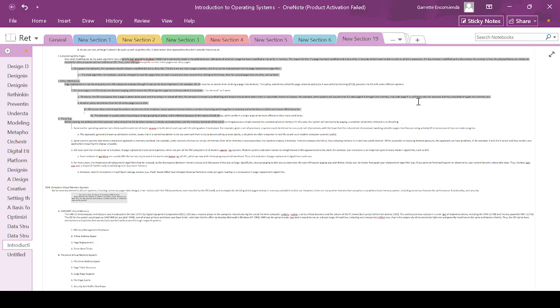So many VM subsystems put that in one side of memory and then write them to the disk in one efficient write, because again, writing one by one on disk is less efficient.